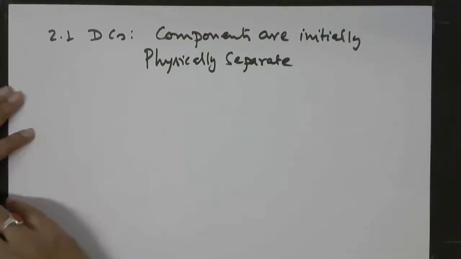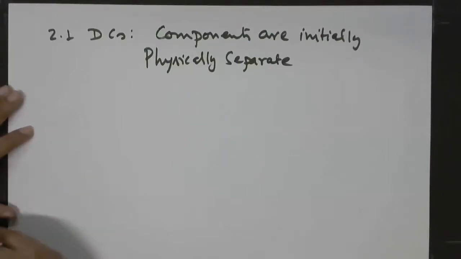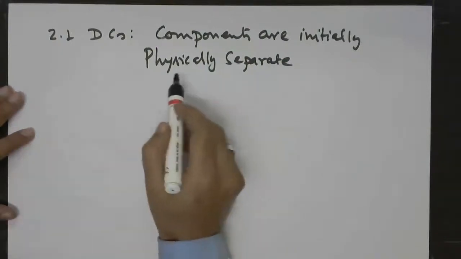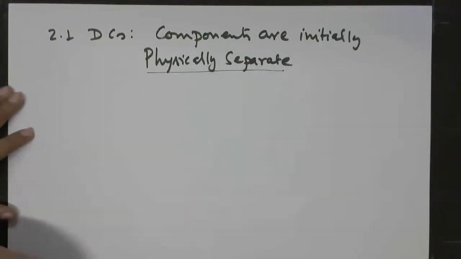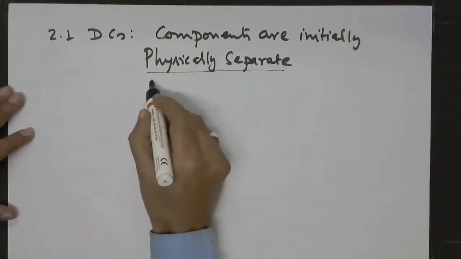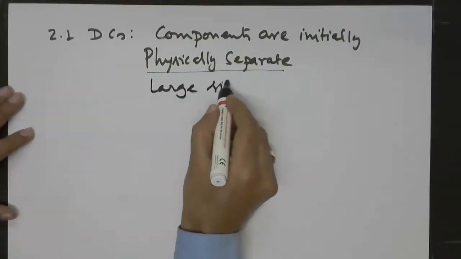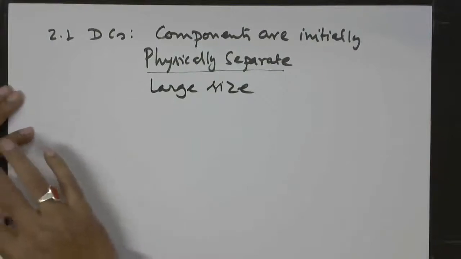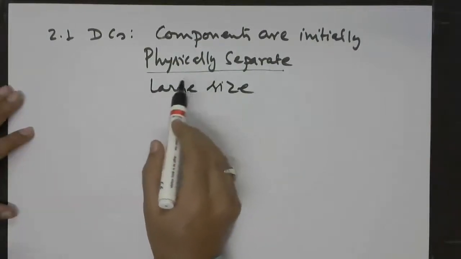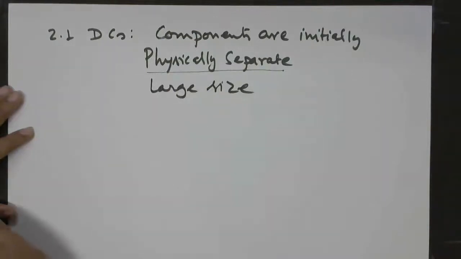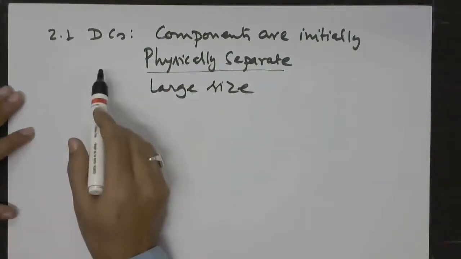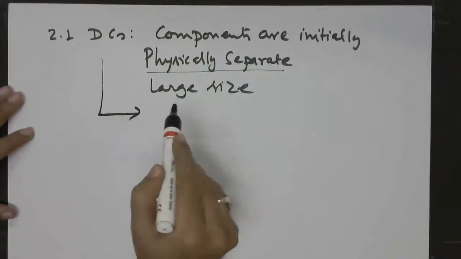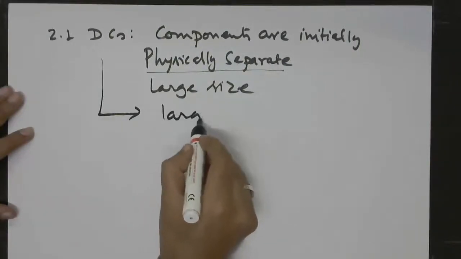They can be soldered or interconnected automatically using machines also, but that is not the key point. The key point here is that they are physically separate and their size is large. You can see them with your naked eye very easily. You can hold them, and because they are large, physically separate, and interconnected using wires, these discrete circuits are also large.